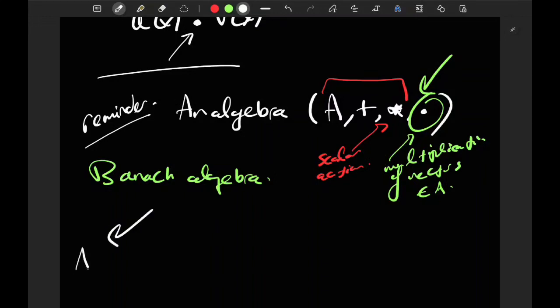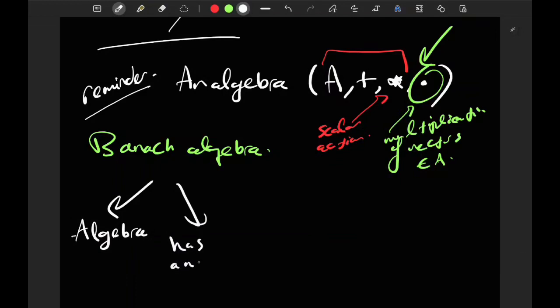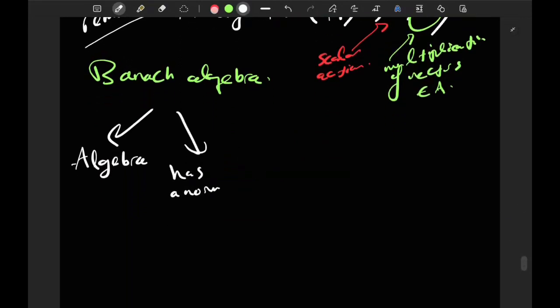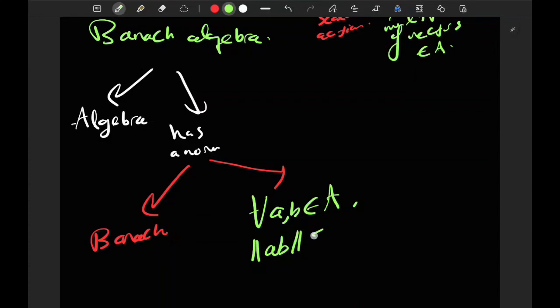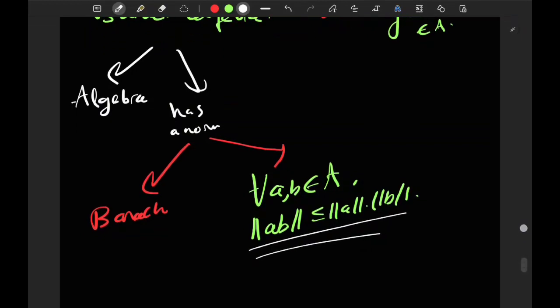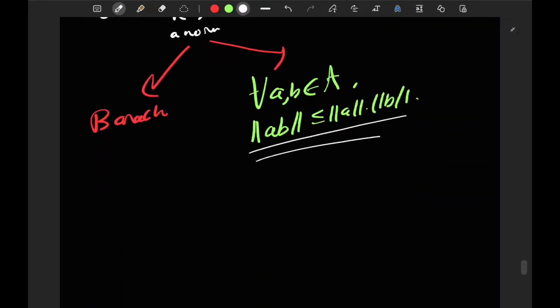It's an algebra which is equipped with a norm, such that for this norm it's a Banach space, and such that if you take any A and B inside the algebra, then it's necessarily true that the norm of A times B is less than or equal to the norm of A times the norm of B. We require this kind of thing, and basically that's a Banach algebra. Now, when we are in an algebra, we can multiply stuff, right?